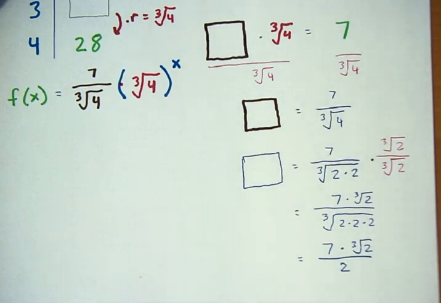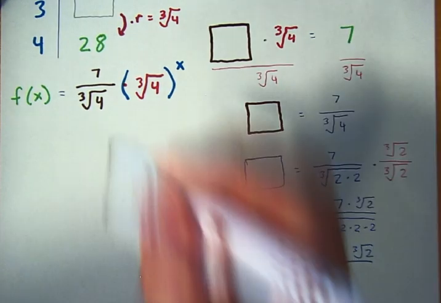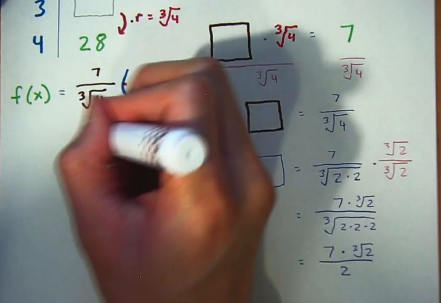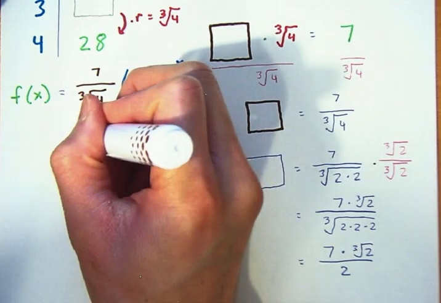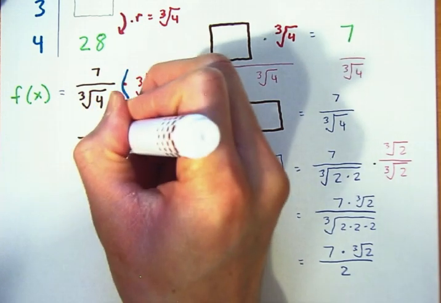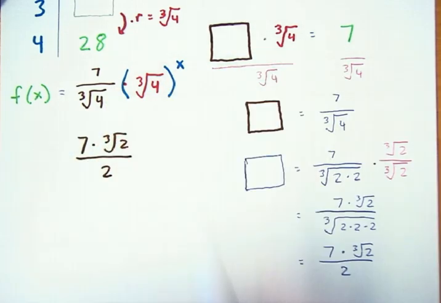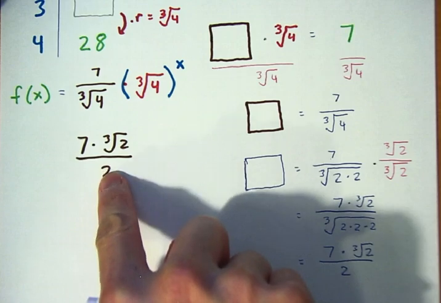So if you wanted to write our equation in the way math people like to, which is no roots at the bottom, then instead of 7 divided by third root of 4, you would write 7 times the third root of 2 over 2. These two are equal to each other.